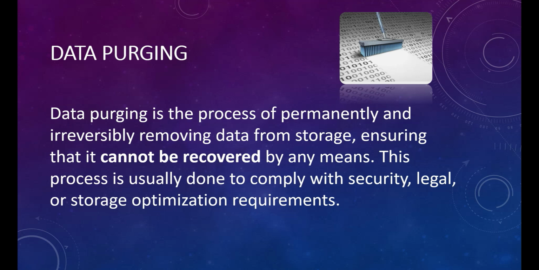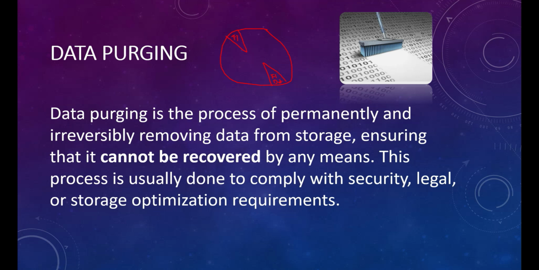Suppose you have a disk, and in this part of the disk you have written some file 1. Once it is deleted, it might move to some other part of the disk, and it might say deleted file 1.